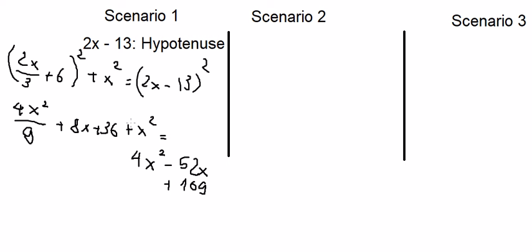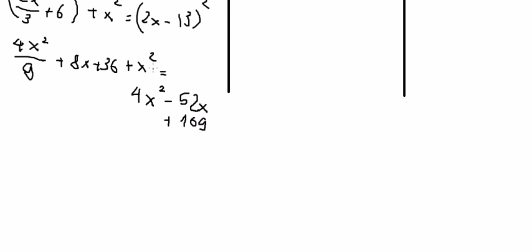Next, we need to simplify. So we put everything to the right, and we have 4 minus 1 minus 4 over 9.